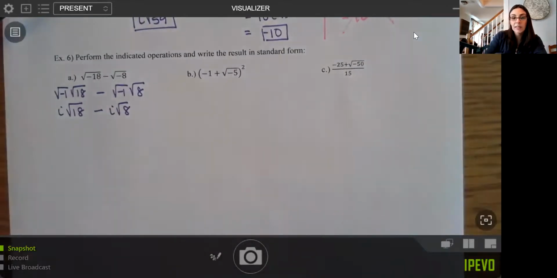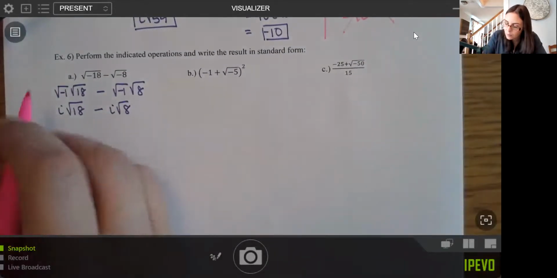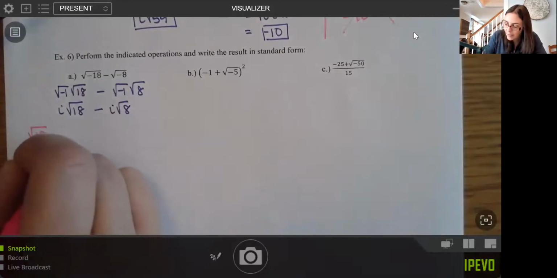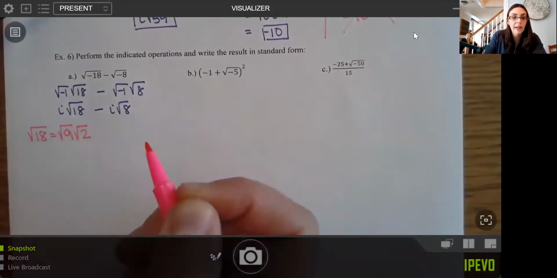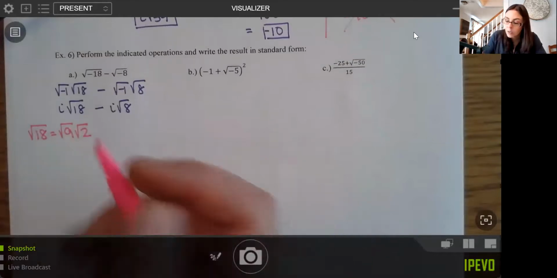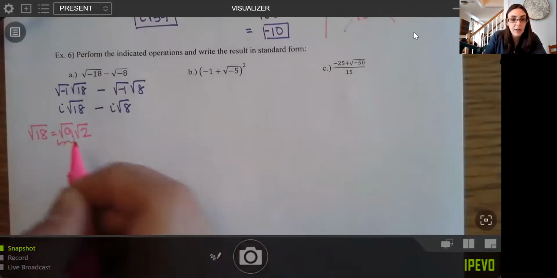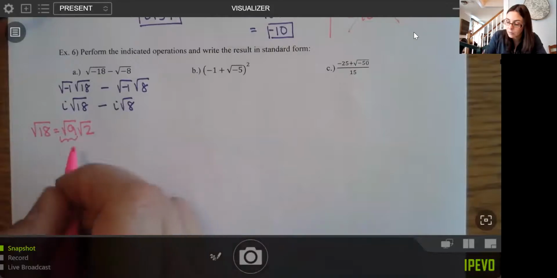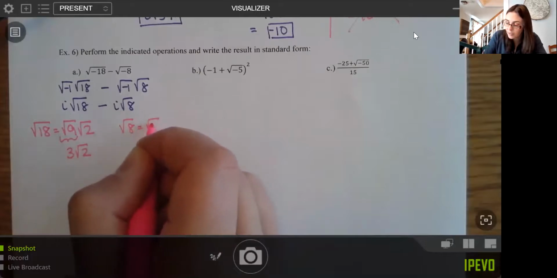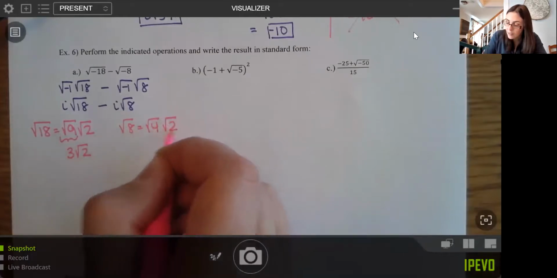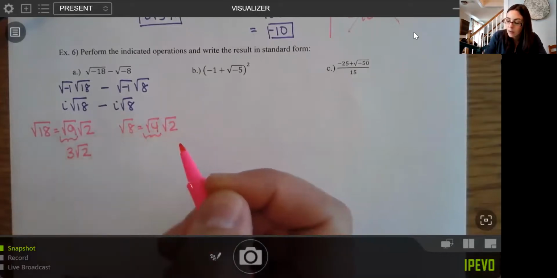I can break some of these down though. So if I think about square root of 18, well, 18 is the same thing as square root of 9 times the square root of 2, right? 9 times 2 is 18. So this does have a perfect square factor here because the square root of 9 is 3. And then for 8, this also has a perfect square factor because it's 4 times 2, and that 4 is a perfect square.